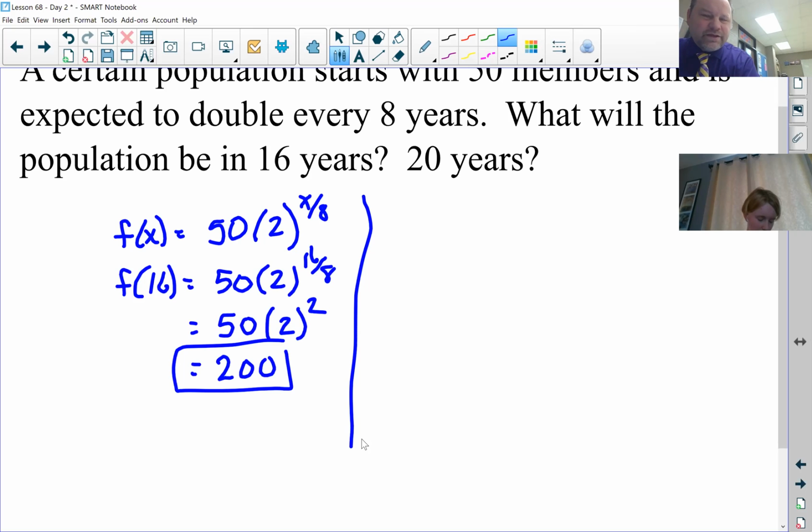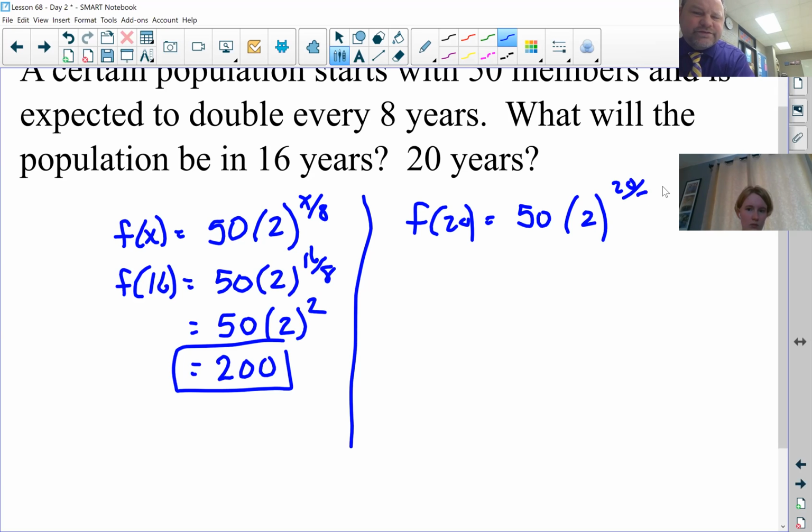So that's why the second one, we do f of 20, 50 times 2 to the 20 divided by 8. And that would be 2.5.